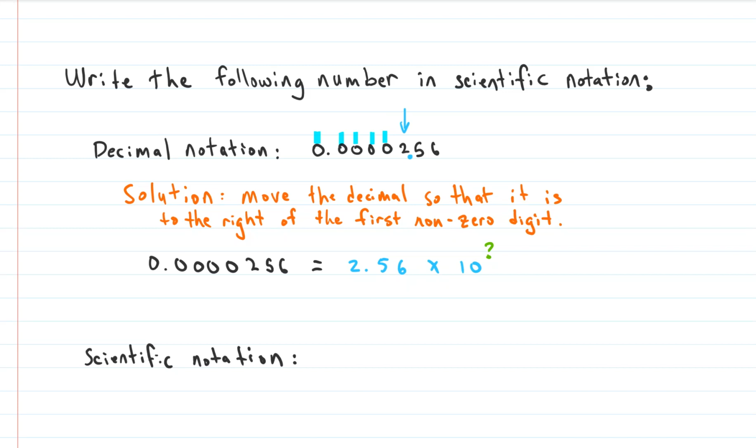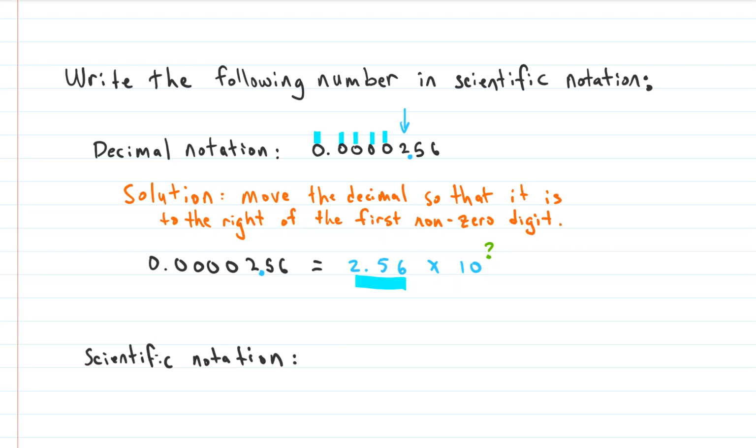So let's come down here because we have a little bit more space. We have a decimal just to the right of the 2, so we can write this 2.56. And then to make the right side equal to the left side, we've got to move the decimal a little bit. So how far do we have to go?